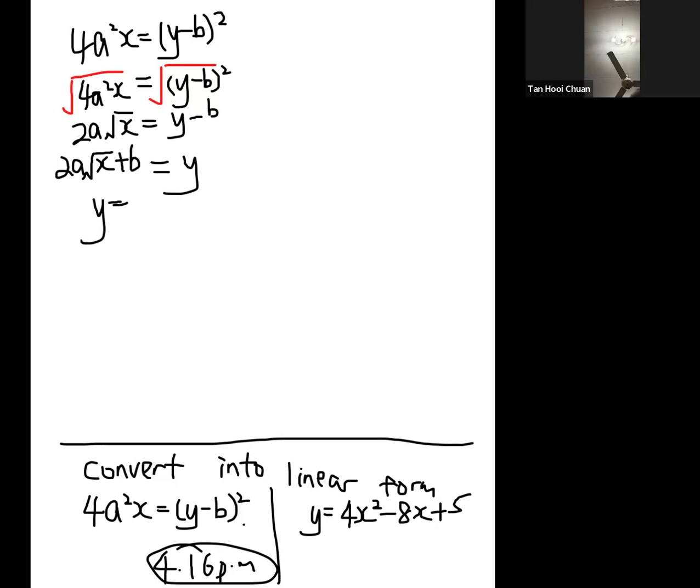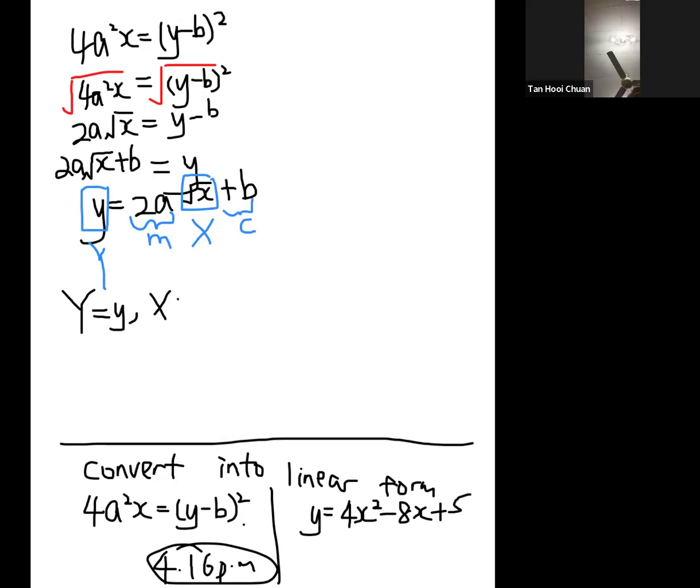So y equal to, okay. This is your gradient Y. There is your gradient X. There is your m. There is your c. Okay, so y is this one. M is 2a.